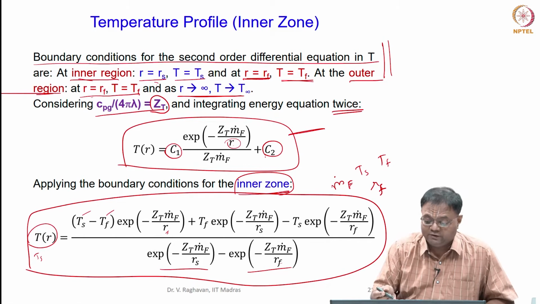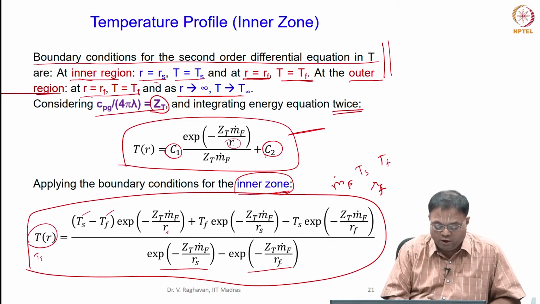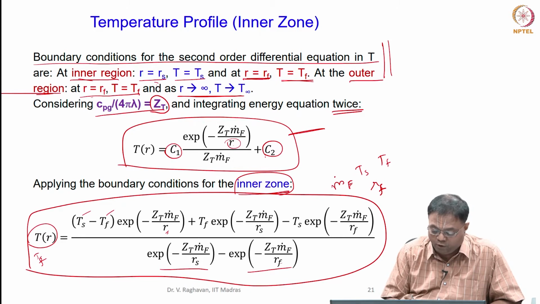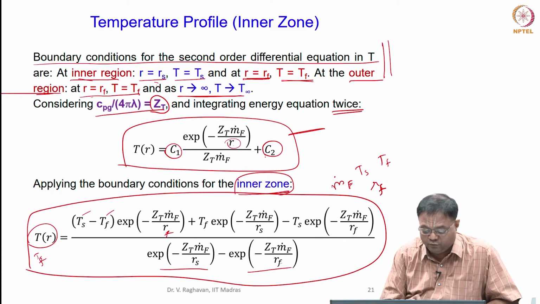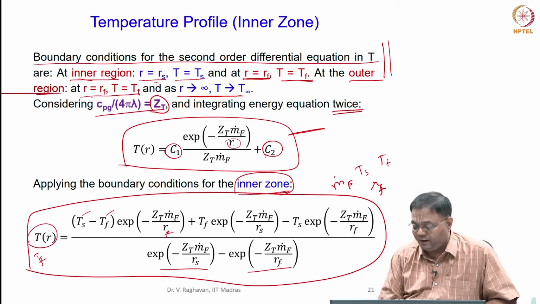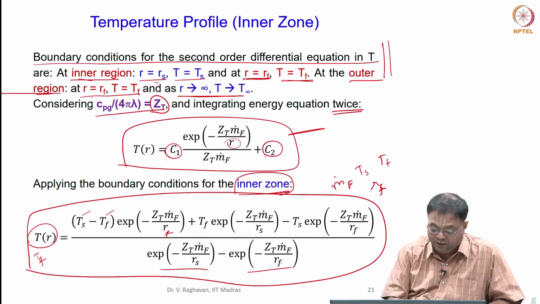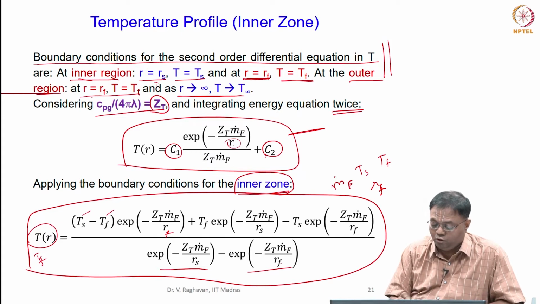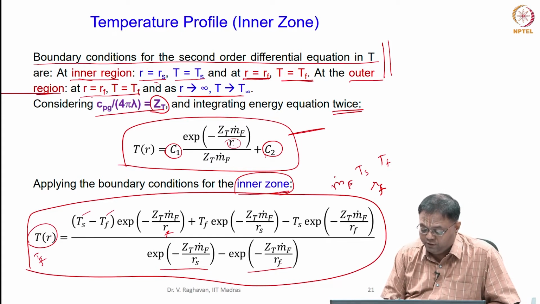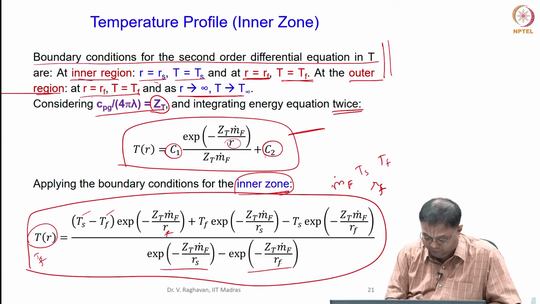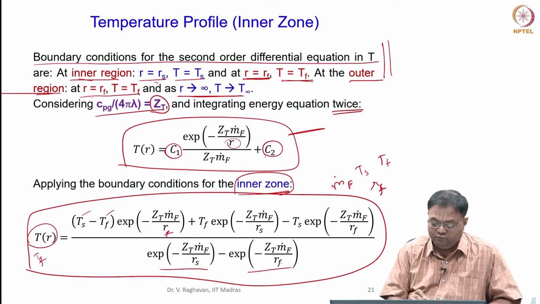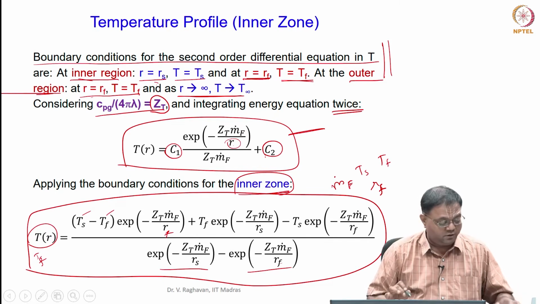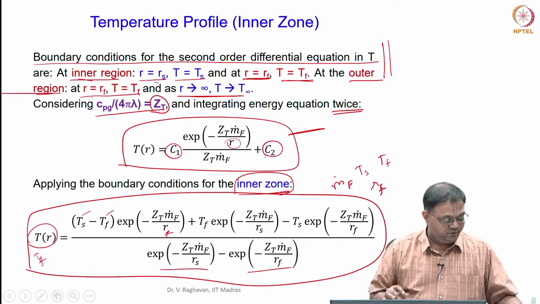When you go to the other condition where R equal to Rf, if you substitute here, Tf will come, and as you put Rf here, then you can see that Ts into exponent of Zt mf by Rf and minus Ts exponent of minus Zt mf by Rf will cancel. Then you can take Tf commonly out, and Tf times exponent of Zs mf by Rs minus Zt mf by Rf. So this will cancel and we will get T equal to Tf. So the profile is matching the boundary conditions.